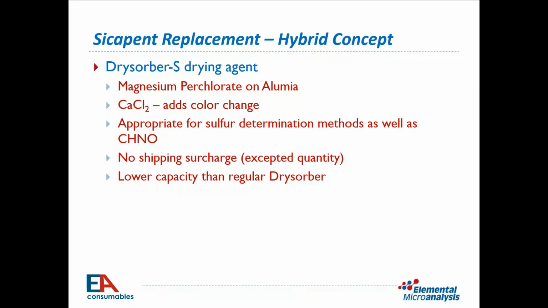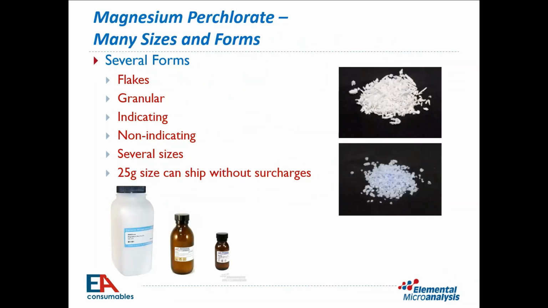And again, for our regular classical elemental analysis with the small sample size, 1 to 5 milligrams, 10 milligrams or so, magnesium perchlorate is a very excellent desiccant to use.